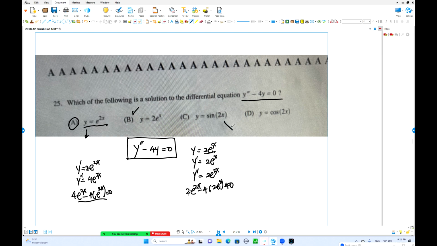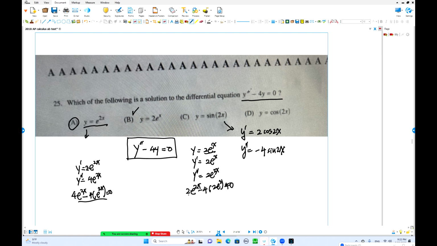Okay, try one more over here. y first prime is cosine 2x, so 2 times cosine 2x. Second prime is what? The derivative of cosine is negative sine 2x, another 2 in there. Inside I change the 2 again, so negative 4 sine 2x. That is the second prime.